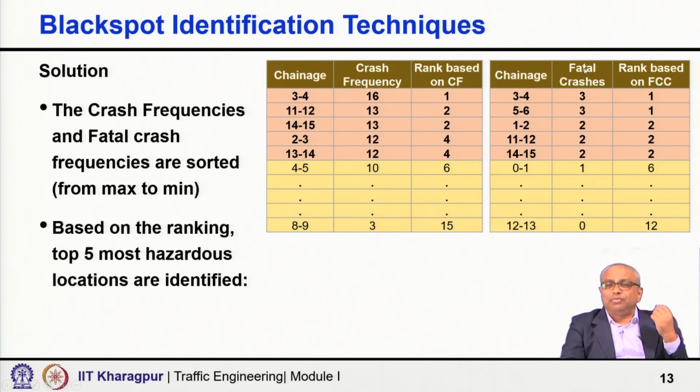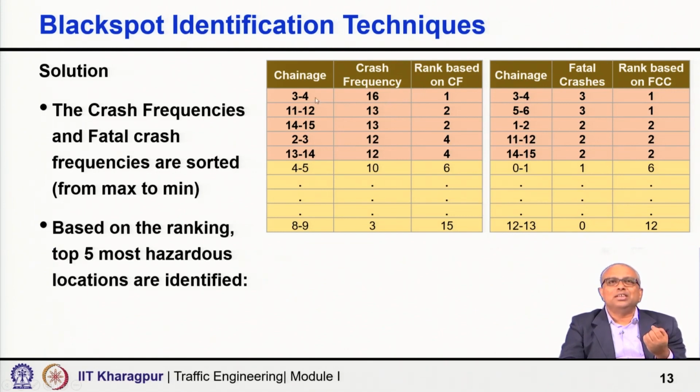When I am using fatal crashes, the FCC fatal crash count, then as per the fatal crash count we are sorting the chainages, with the highest on top and the lowest at the bottom, and accordingly you identify the top 5 chainages or segments.